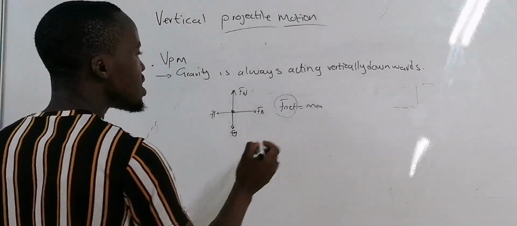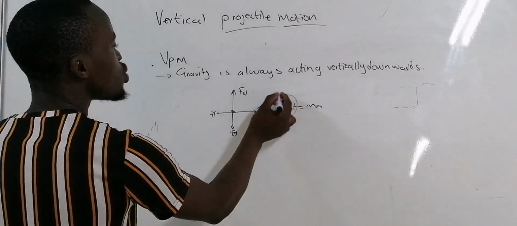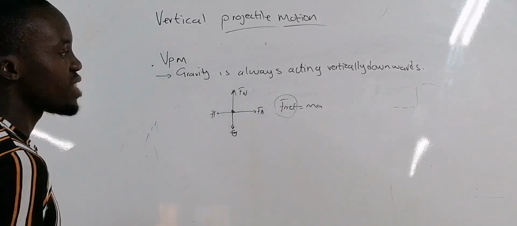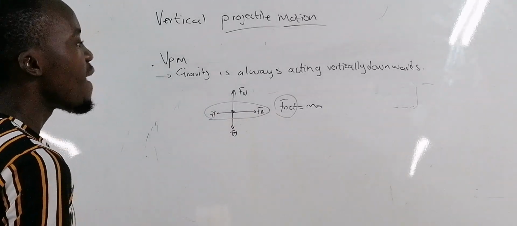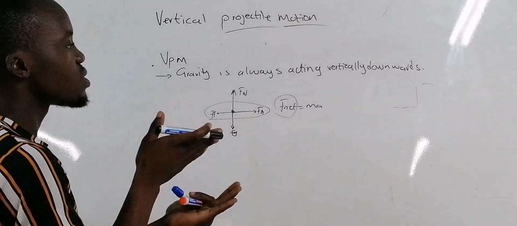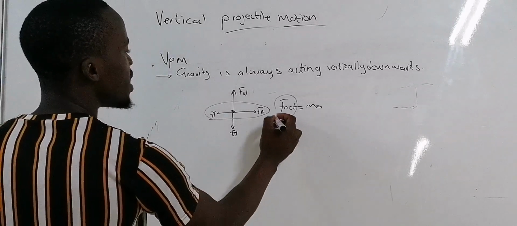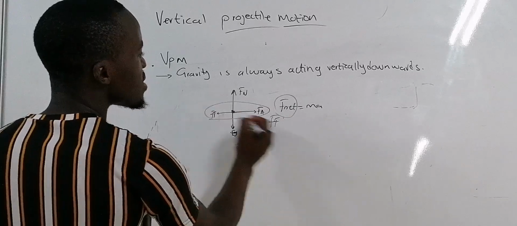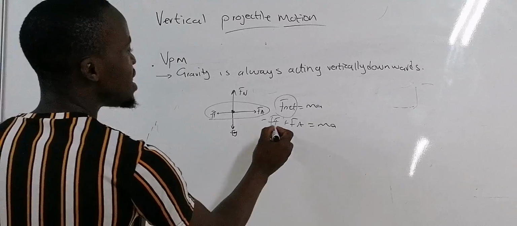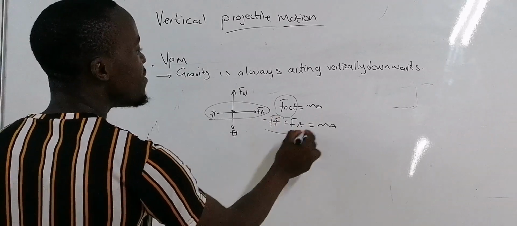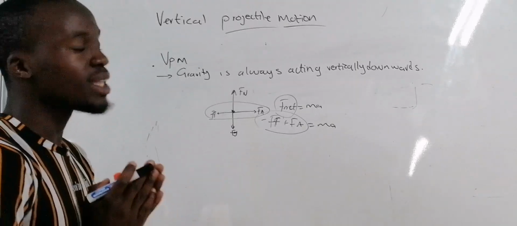We know that F net is the sum of the forces that are acting on the object, but the forces that are going to be substituted on the F net part are the forces that are horizontal, along the direction of motion. So the forces that we're going to substitute here will be minus FF, plus FA, equals MA, okay? Meaning that these forces are the forces that are having an effect on the motion of an object, in the direction of motion of an object.